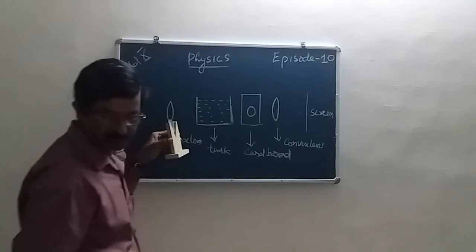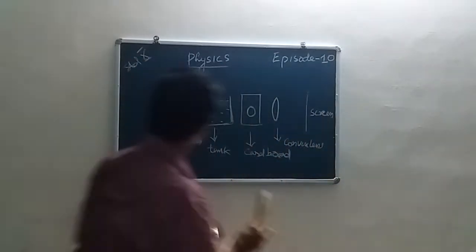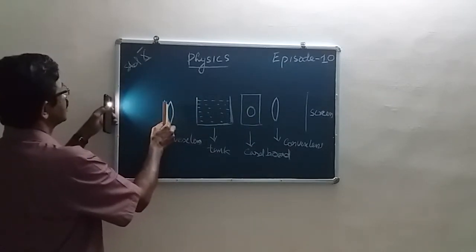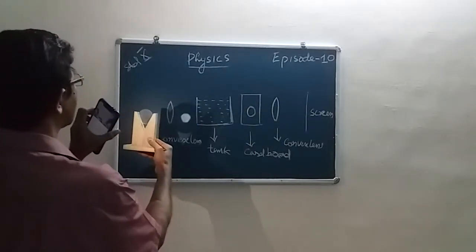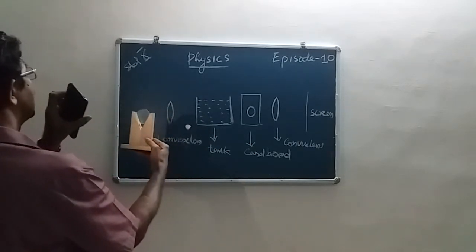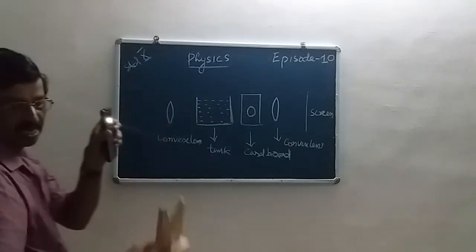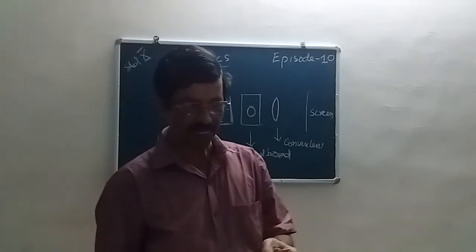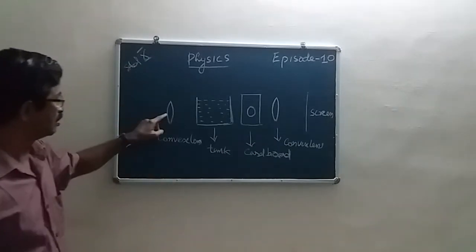Now see, from this side arrange a bright light. When we place this, you can see a bright spot on the screen like this. When this source is arranged at the focus of this convex lens, we can see a bright light passing through.